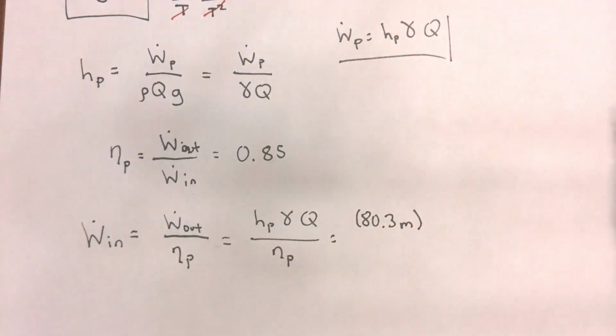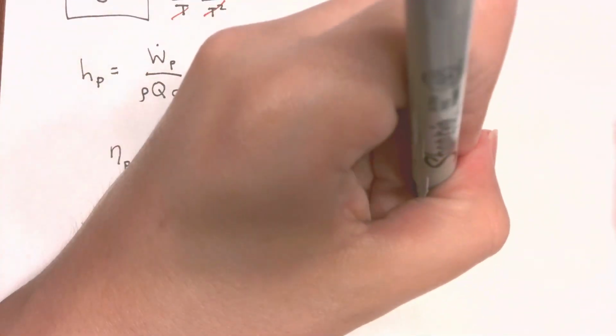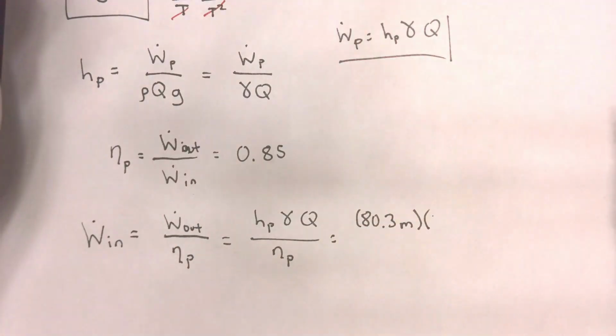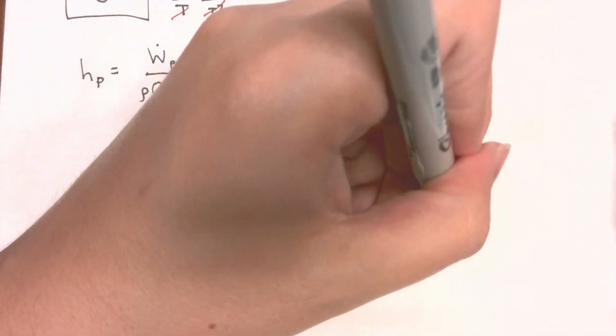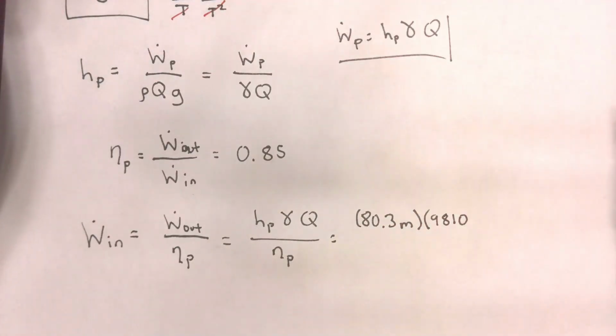Do I have the pump head? Yes, 80.3 meters. Do I have the specific weight? We said this was water at 20 degrees Celsius. What's the specific weight for water at 20 degrees Celsius? It should be 9810, right?